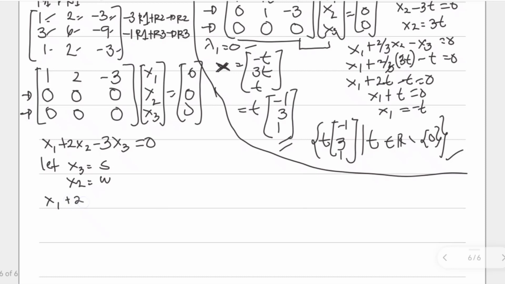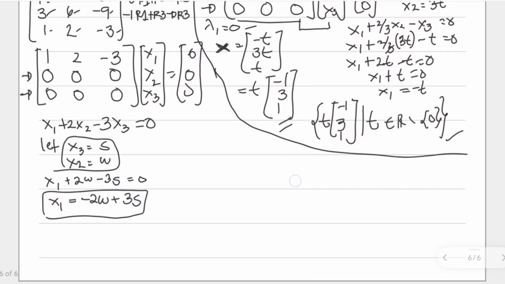So you have x sub 1 plus 2w minus 3s equal to 0. So x sub 1 is equal to negative 2w plus 3s. So using these representations, here comes our vector for our eigenvalue of 2.